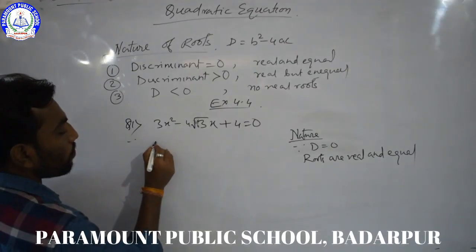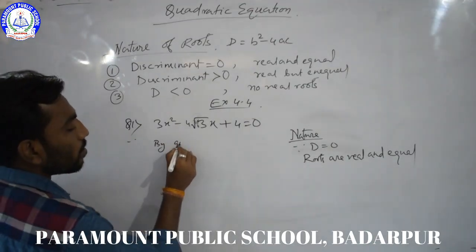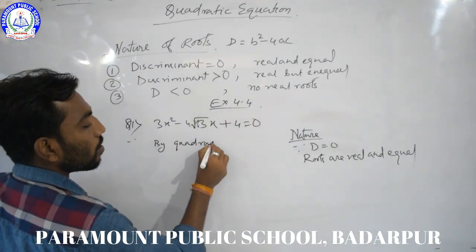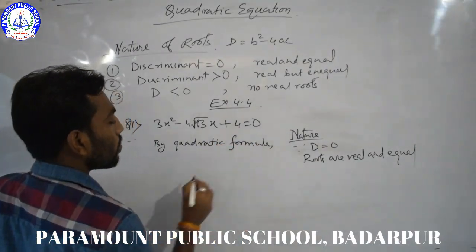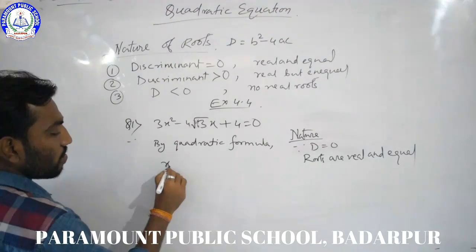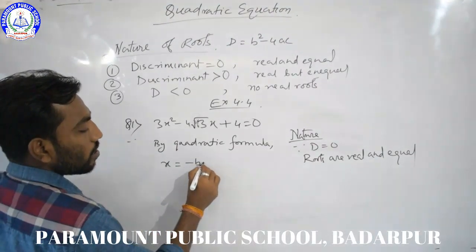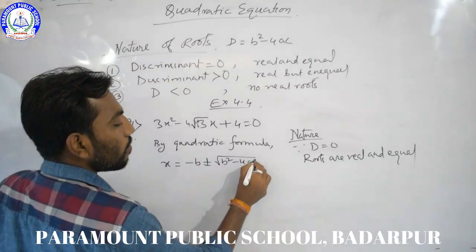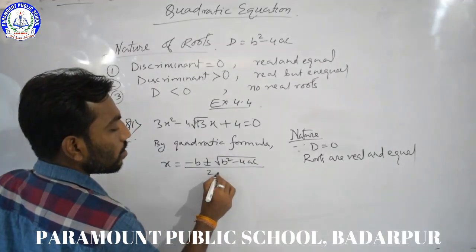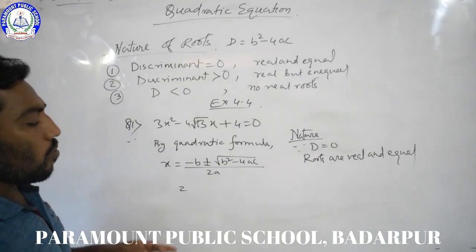So our quadratic formula is x is equal to minus b plus minus root over b square minus 4ac, by twice a. So what is our b value?